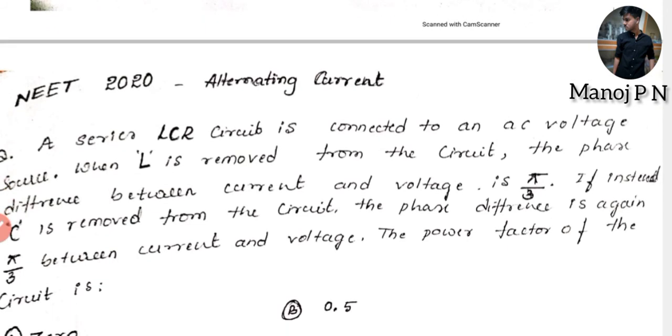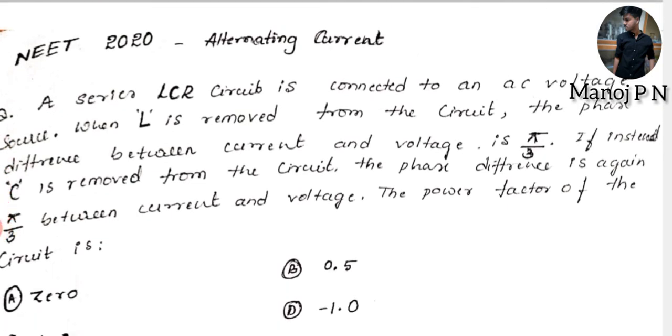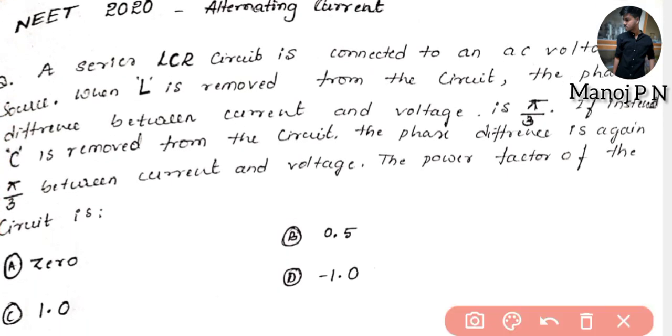Let's take up an example problem which has been asked in the NEET 2020 paper. A series LCR circuit is connected to an AC voltage source. When L is removed from the circuit, the phase difference between current and voltage is pi by 3. If instead C is removed from the circuit, the phase difference is again pi by 3.